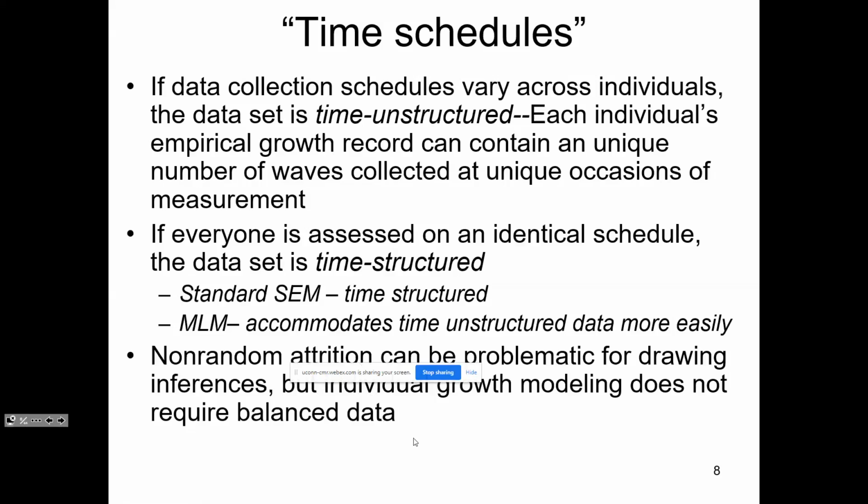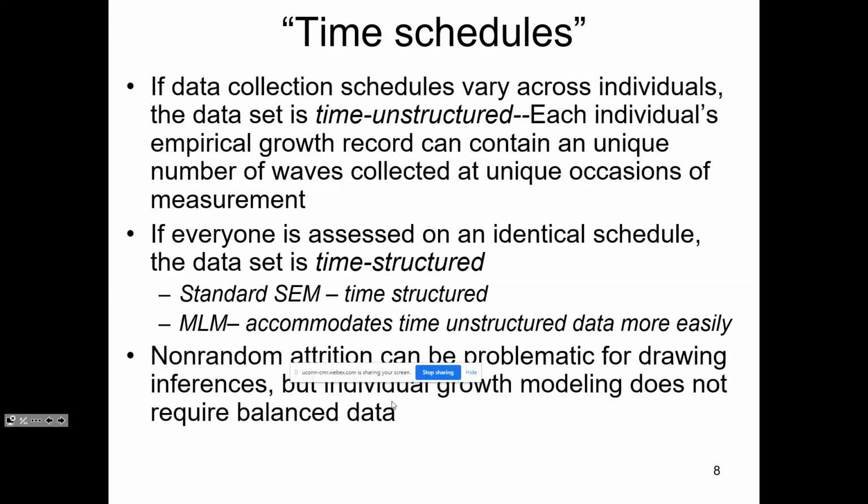Last point, obviously non-random attrition is never a good thing, but individual growth modeling does not require balanced data. And this is a huge advantage of growth modeling, either in an SEM or a multi-level framework, versus using repeated measures ANOVA to do any kind of growth modeling.